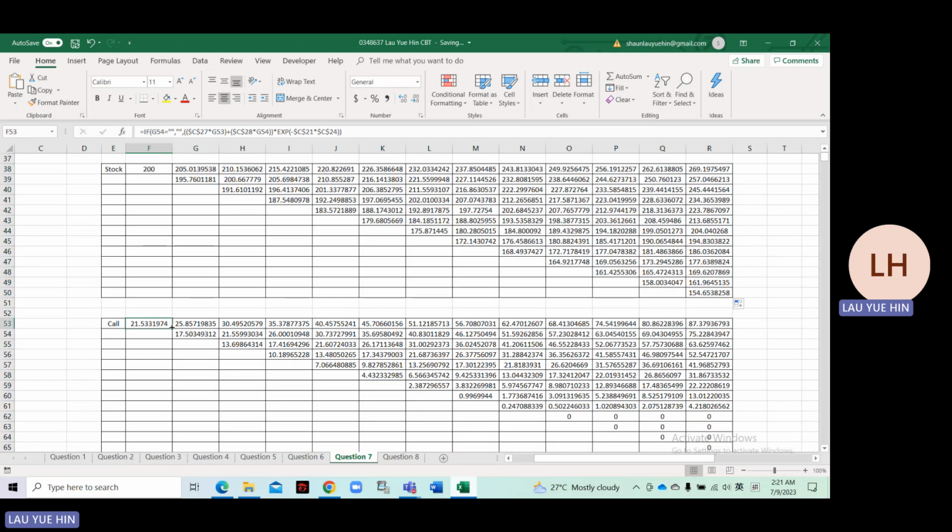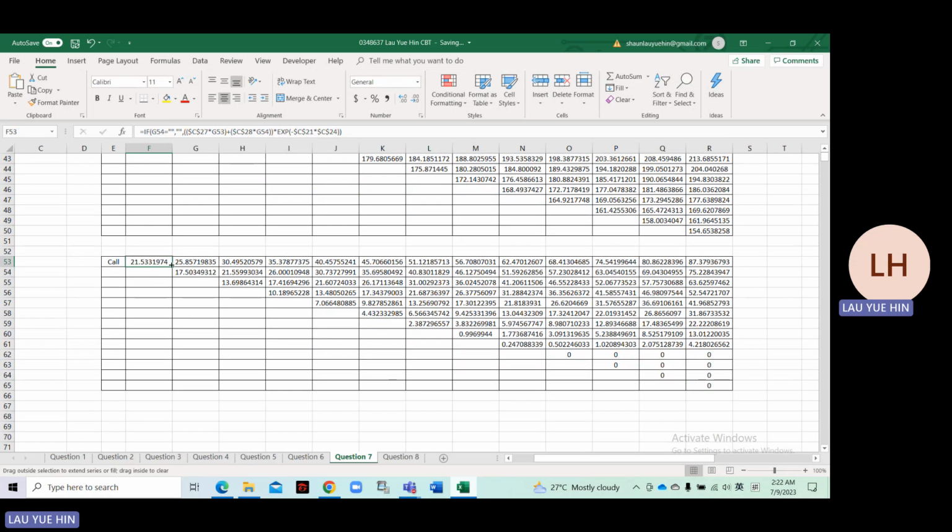So to construct a call binomial tree is the same formula I explained just now, which is the next value of call option times P star plus the next value going downwards times 1 minus P star, times exponential minus power minus R times H. And then I'll drag everything again until here and until here.